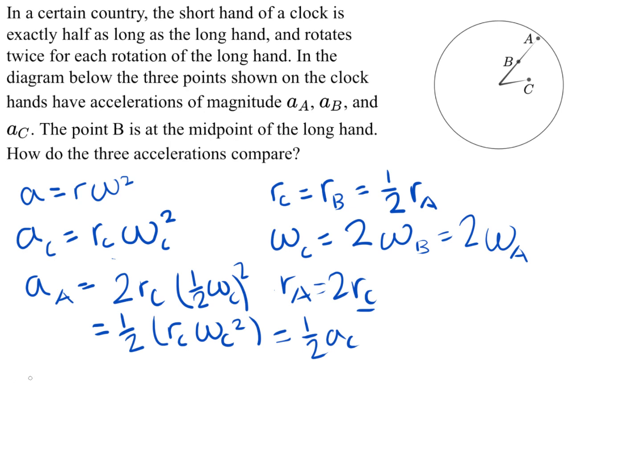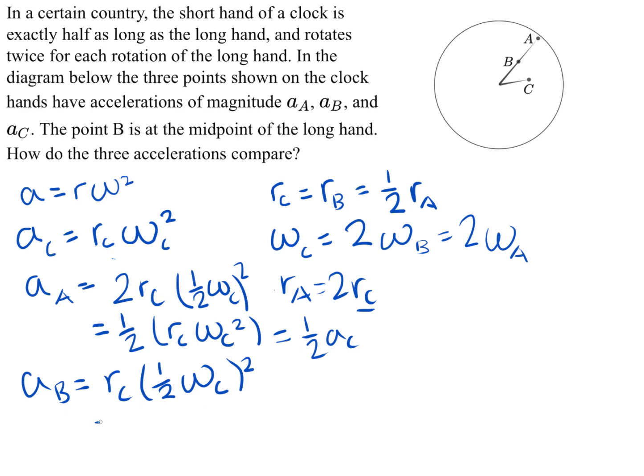Now let's go to the acceleration at point B. So we know its radius is the same as point C. We know that. And the angular velocity, again, is the same as point A, which is 1/2 the angular velocity of point C. And this is going to be squared.